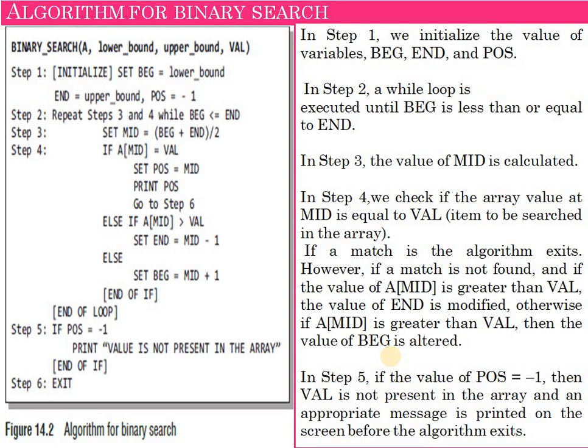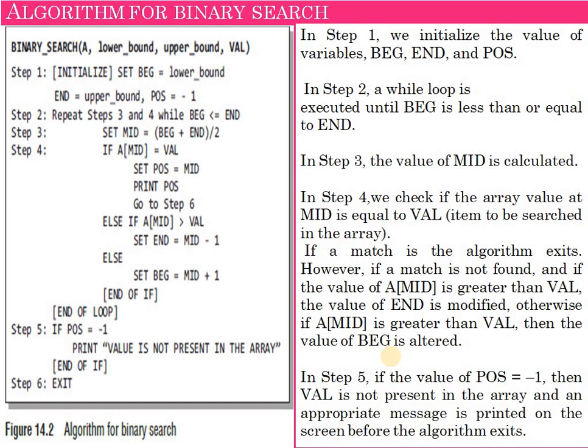If it is at the right side, then we consider that right side array. We again calculate mid for that sub array, and check whether our element is at the mid or not. If not, then we check the left side or right side. This is what binary search means.